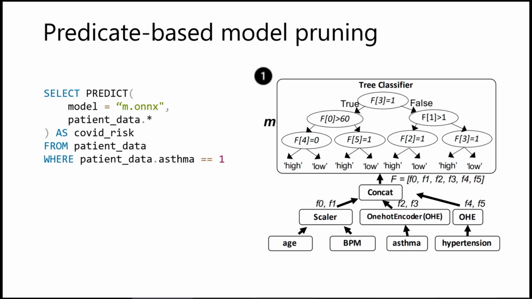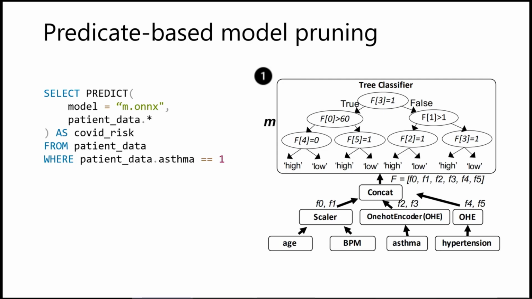So with this query, I'm trying to see the COVID risk of patients who have asthma. In this example, if you look at the picture on the right, my model M is a tree classifier. So it's a very simple tree model. And below that, I have my SQL graph.